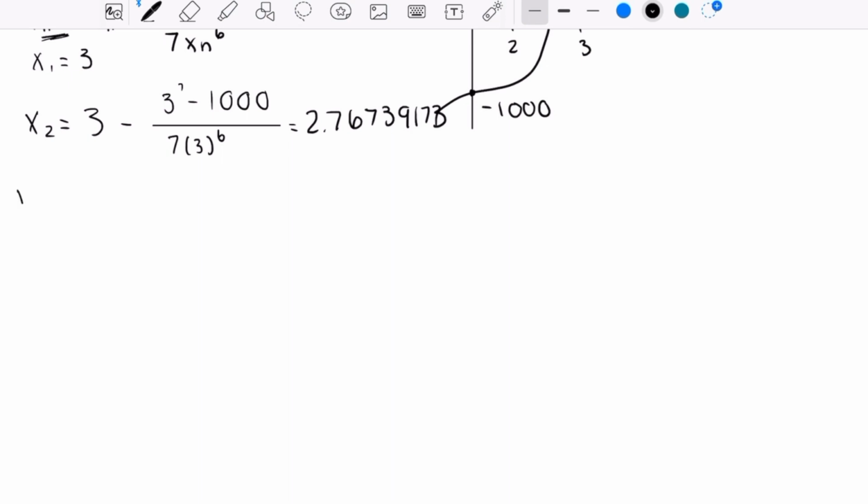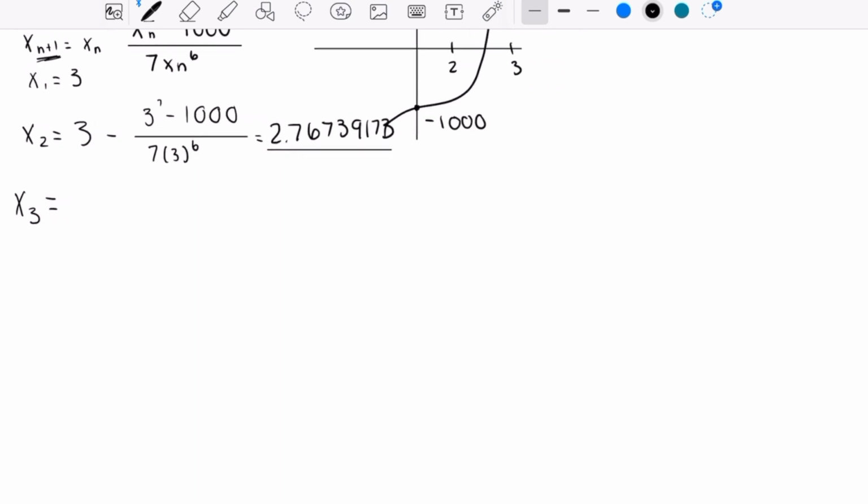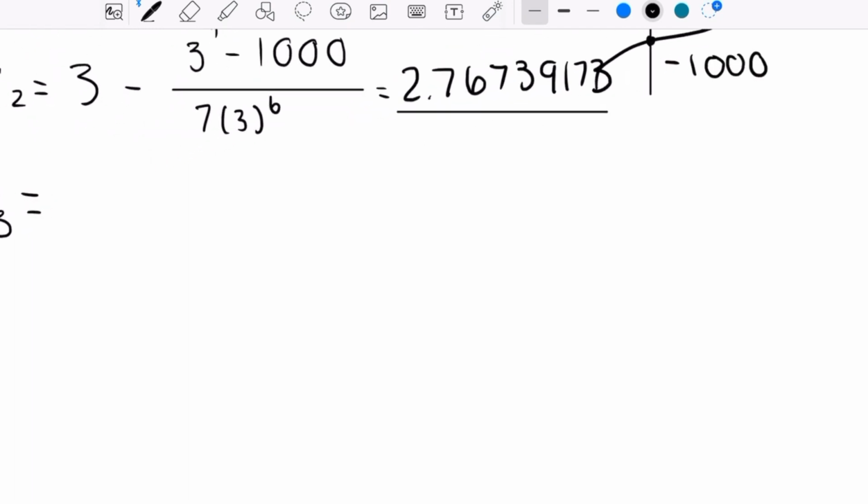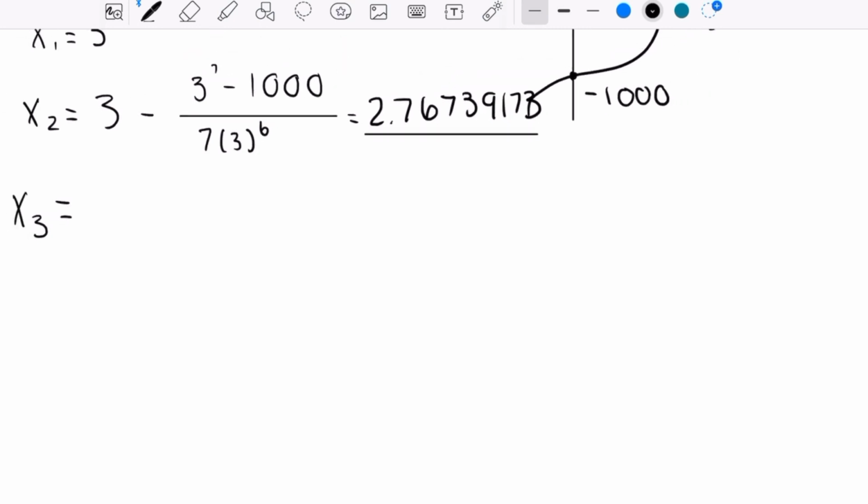Now we're going to have x of 3 equals, and we're going to use our previous solution because we're doing x of n. So now we're going to do x of 2, which we figured out right here. And x of 2 equaled 2.76739173.